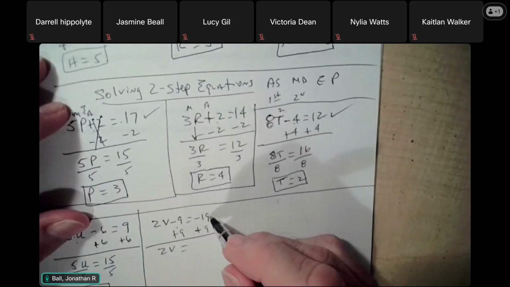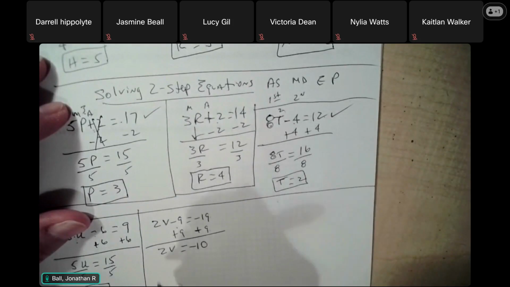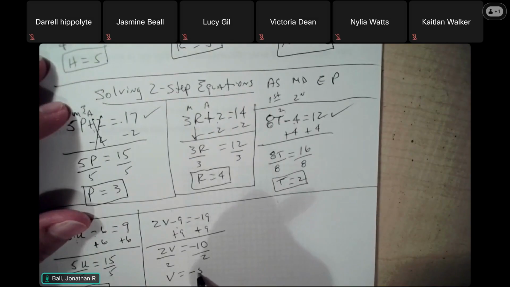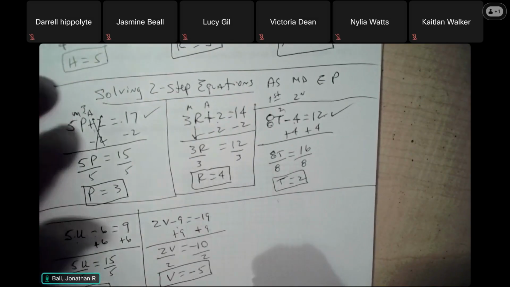Okay, negative 19 plus 9 is negative 10. Divide by 2, divide by 2. v equals negative 5.